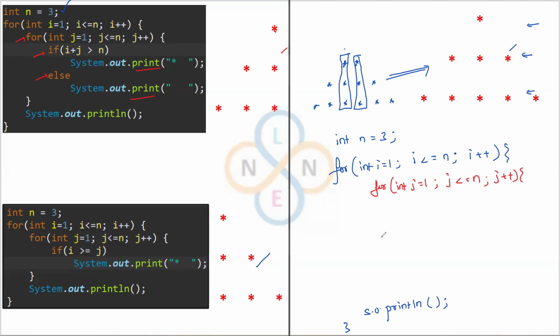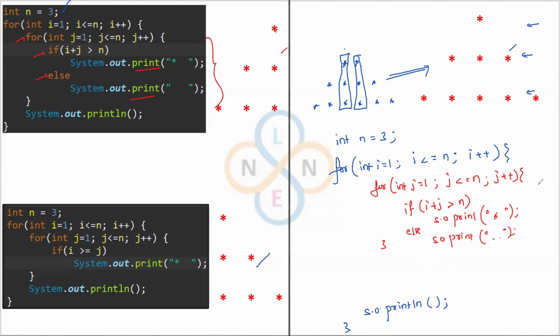Inside it, one if condition to check if i plus j is greater than n. It's the same code I'm writing. Then we are supposed to print, not println. According to your alignment, I am using 1 star 1 space. Then the alternate for the else part: again we have to print a space for the star, and one more space, 2 spaces here. So this part is over.